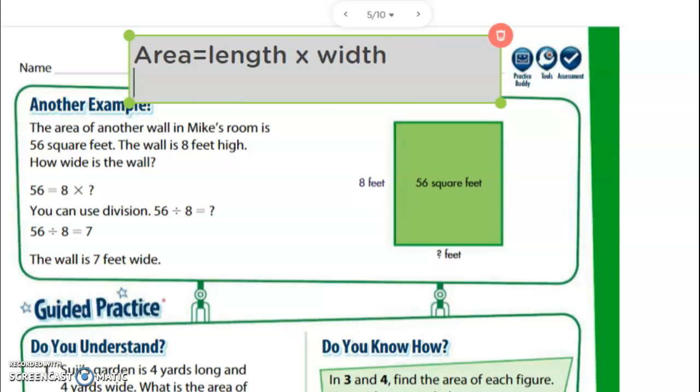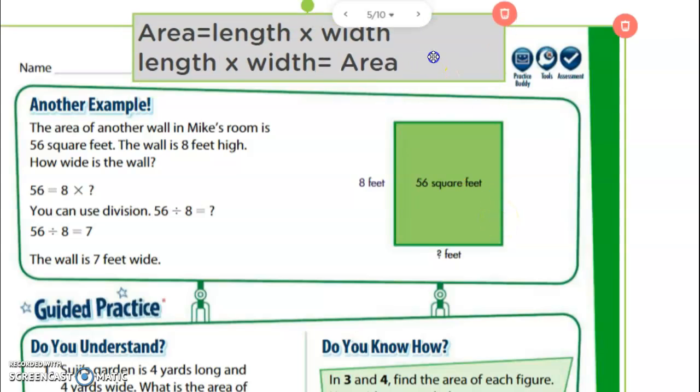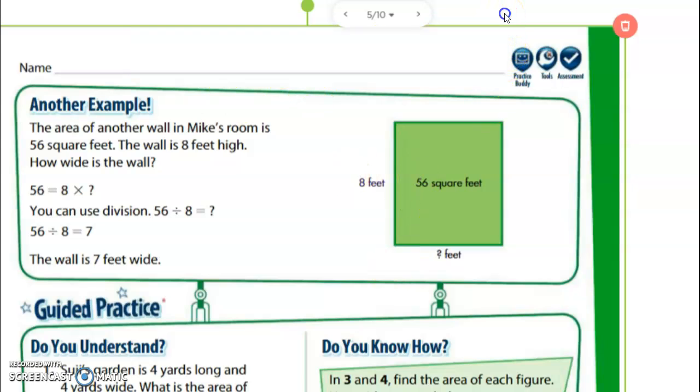That can also be written the other way, that length times width equals area. We can use this information to help us plug it in the bottom. Make sure you write that out on the top.